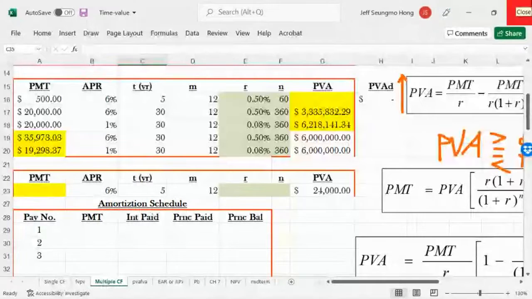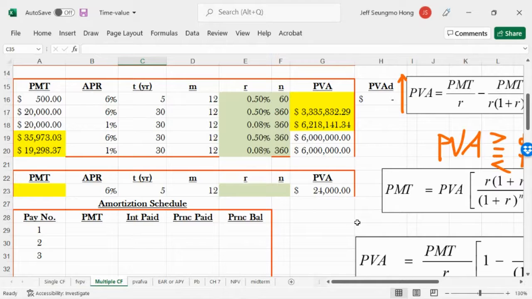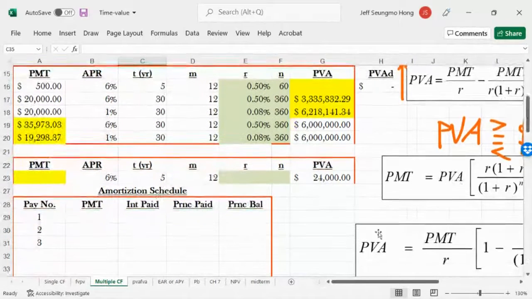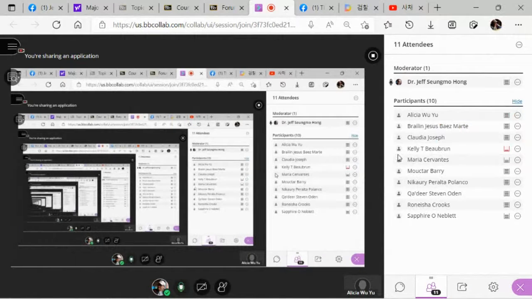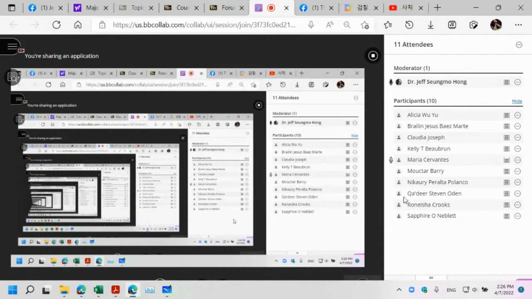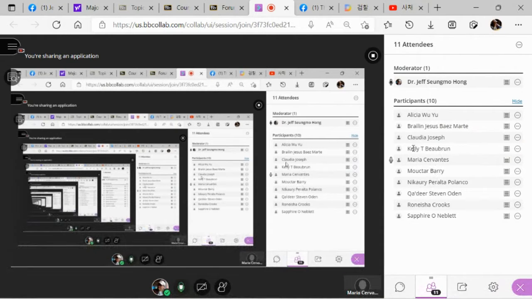I believe all of you have this file opened in front of you. Do you have this file in front of you? Yes. Only one person so far. Who else? Yes, Alicia. Kelly. So that's like 3 people so far. What about Maria? Braylon, do you have this file in front of you? Claudia?